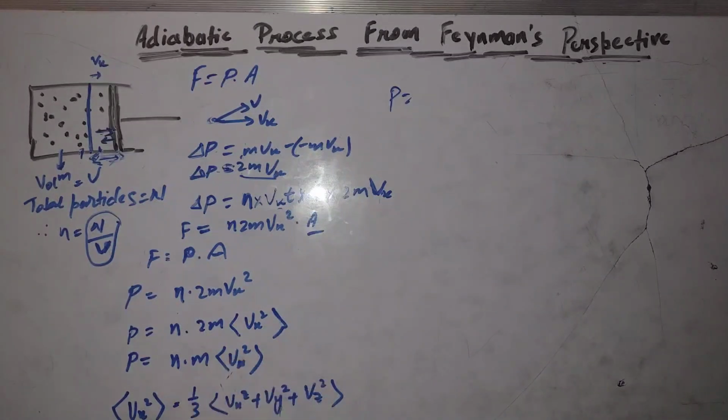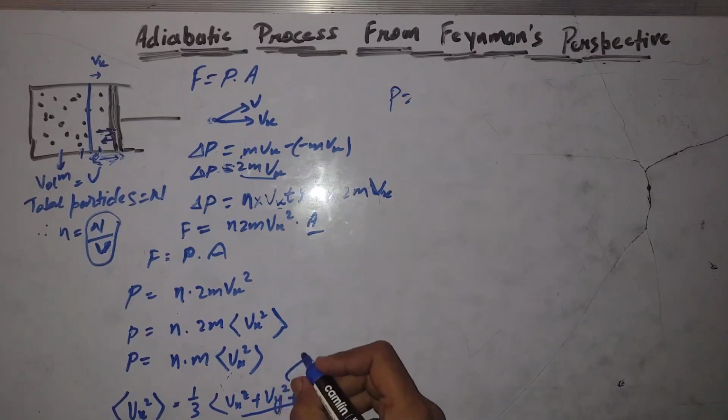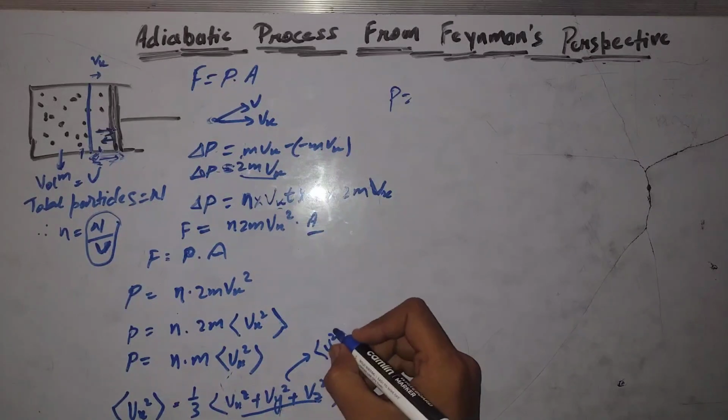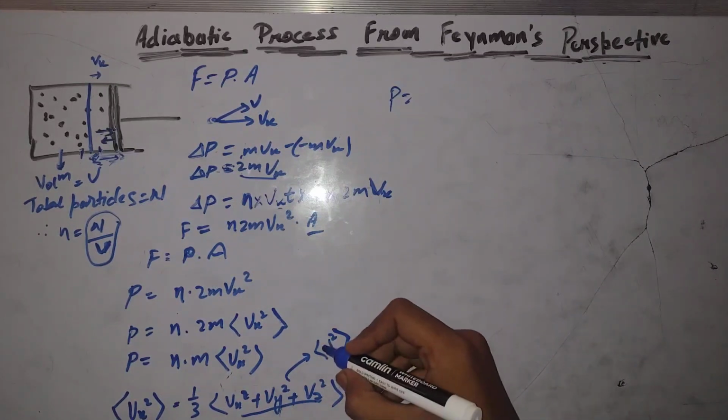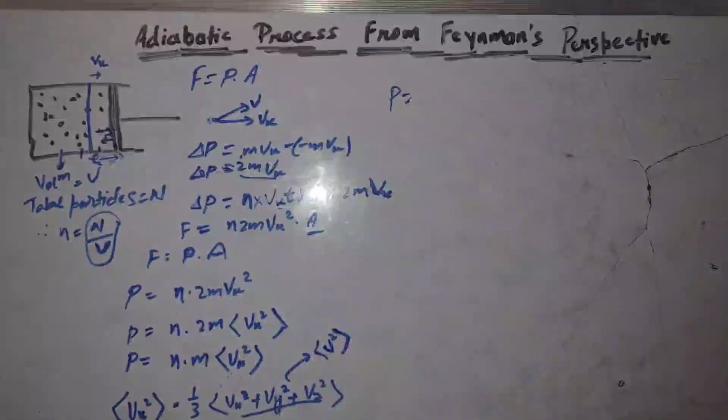and we'll substitute this value here. Okay, so how can we write it? To make it more simple, I'm calling this Vx square plus Vy square plus Vz square simply V square, the velocity that molecules have, because Vx, Vy and Vz are actually components of the velocity V. So this whole thing will be the 1/3 of V square.